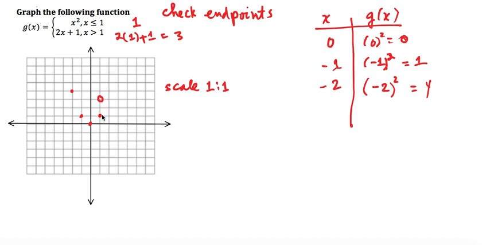So from what we have here, the left side of 1 is going to be a parabola. So it's going to look somewhat like that. That should be a lot smoother. In fact, let me attempt that again so I can get a better result than what I just drew.